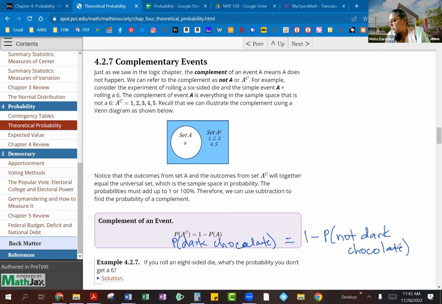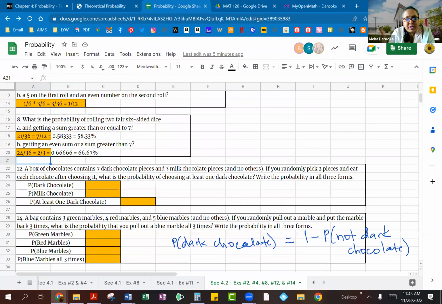So that's how we're going to calculate this over here. The first thing we're going to have to do is talk about what the probability of each of the types of chocolate is. So we had 7, and let's go back over here, 7 which were dark chocolates and 3 which were milk chocolates, right?